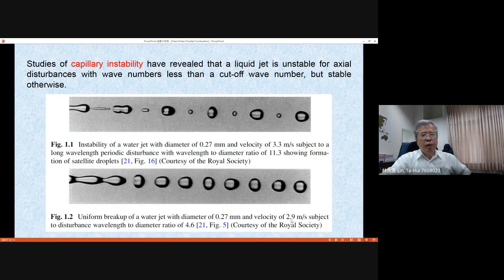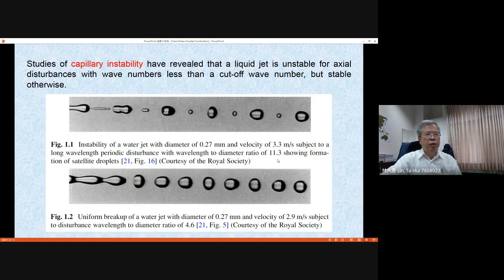Velocity is slightly smaller, 2.9 meters per second, not too much difference. But they apply different frequencies, so the wavelengths are different, because when you change the frequency, you change the wavelength that occurs on the surface. In figure 1.1, the wavelength is longer, around 11.3.